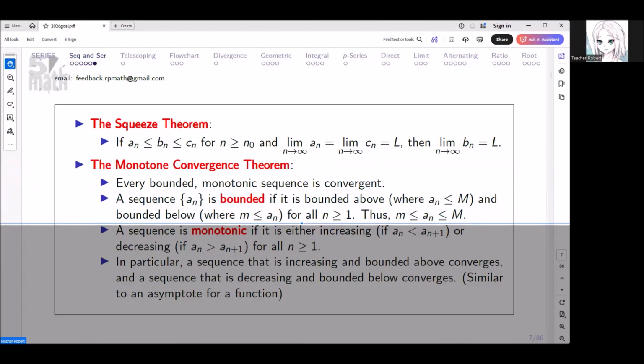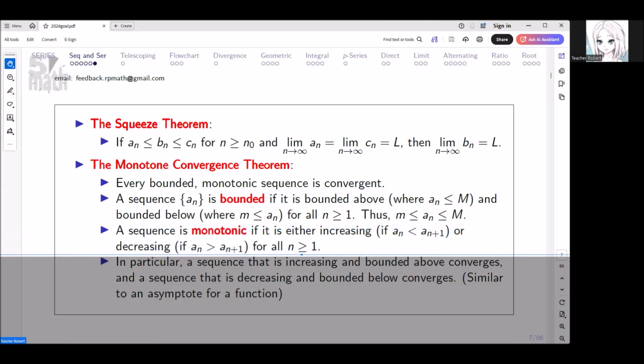A sequence an is bounded if it is bounded above, where an is less than or equal to big M, and bounded below, where m is less than or equal to an, for all n greater than or equal to 1. Thus, an is greater than or equal to m and less than or equal to big M. A sequence is monotonic if it is either increasing, if an is less than an plus 1, or decreasing, if an is greater than an plus 1, for all n greater than or equal to 1.